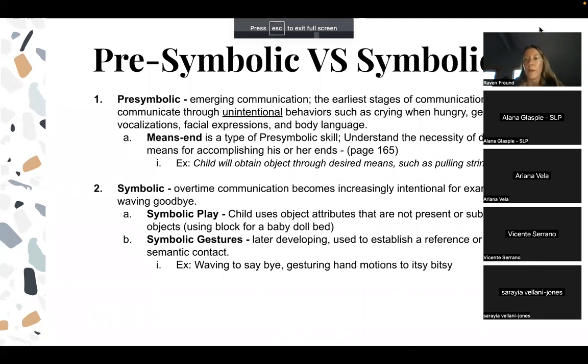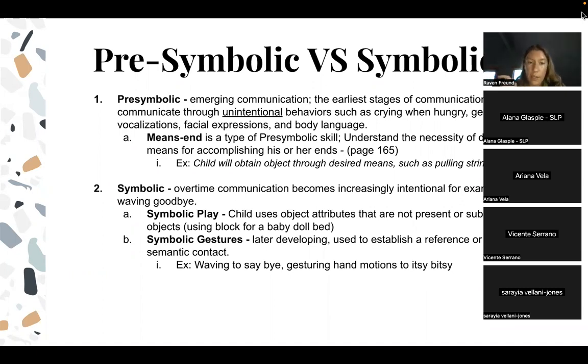Okay, so pre-symbolic versus symbolic. I felt like this was another kind of confusing topic. So I'll go over this a little bit more. So pre-symbolic communication is the emerging communication. Just think of babies and how babies communicate, right? If you've ever been around children or babies, you understand that they have unintentional behaviors like crying when they're hungry, or intentional behaviors.